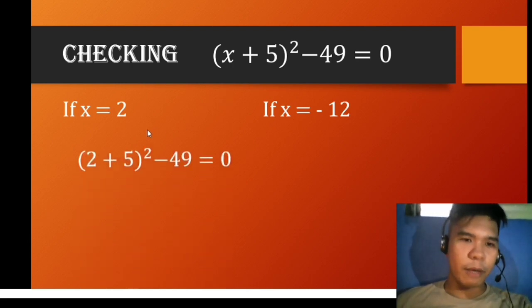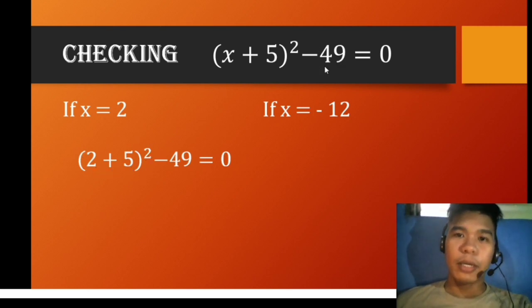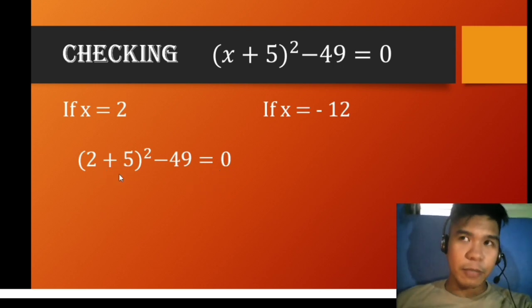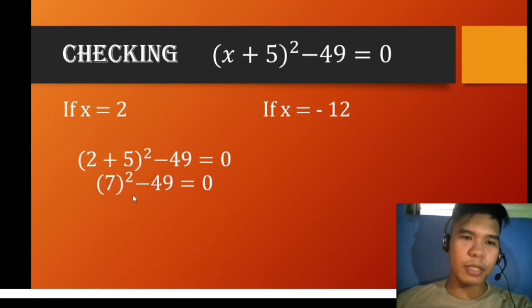So this will become quantity 2 plus 5, quantity squared, copy minus 49 equal to 0. So let's deal first with the expression inside the parentheses, that is 2 plus 5, which is 7. Quantity squared, copy minus 49 equal to 0.